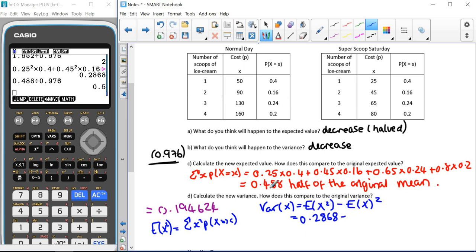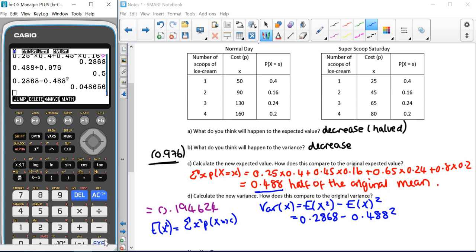Then we need to subtract our E of x, so 0.488 squared. So 0.2868 minus 0.488 squared gives us 0.048656.